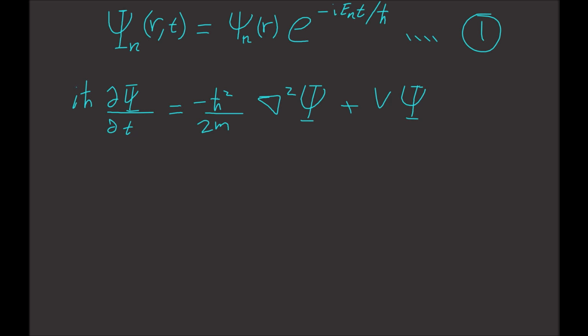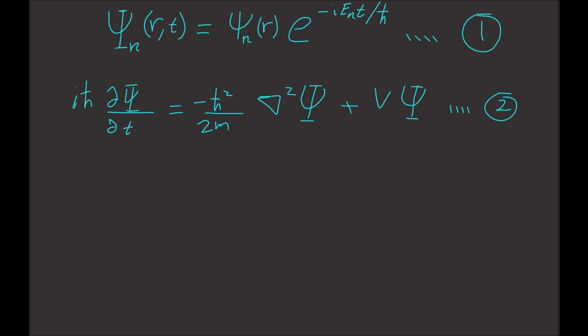If you take equation number 1 and plug it back into equation number 2, you're gonna see that it works. Let's take a time derivative here. This generates minus i E sub n divided by h bar times the exponential part, it's gonna give this back. And if you put this here, you're gonna get the same stuff. So just try it and plug it in and see how it works.